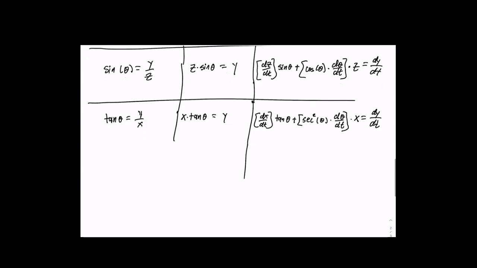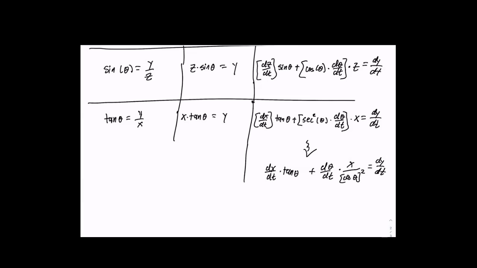Now, this is the same thing as dx dt times tangent of theta plus d theta dt times x over cosine of theta squared equals dy dt. All right.